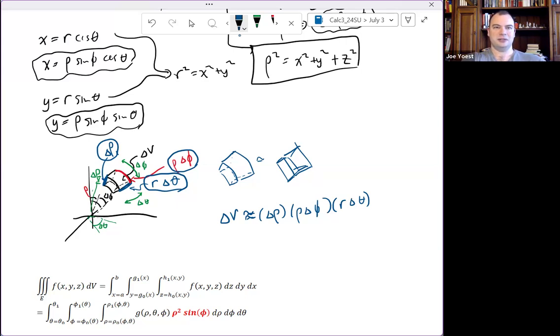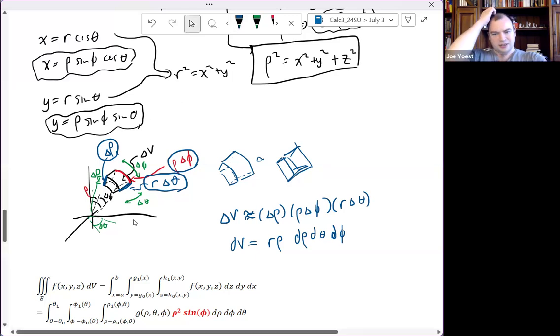So I expect my little dV to look like r times rho, d rho, d theta, d phi. And I'm almost there.